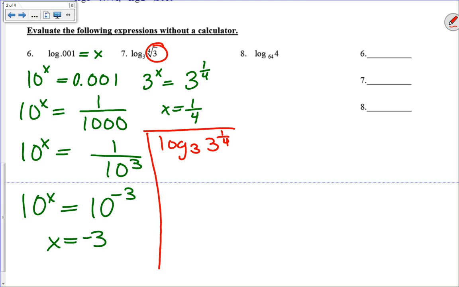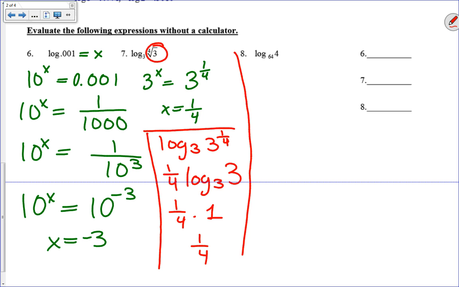So we can move that exponent out front, right? So we'd get 1/4 log base 3 of 3. And what is log base 3 of 3? 1, right? So it would be 1/4 times 1, and that again is 1/4. Okay? So there's a couple ways you can do that. Both approaches are fine. You're going to get the same answer, but whatever you need to see, maybe it'll be a little bit easier on you.